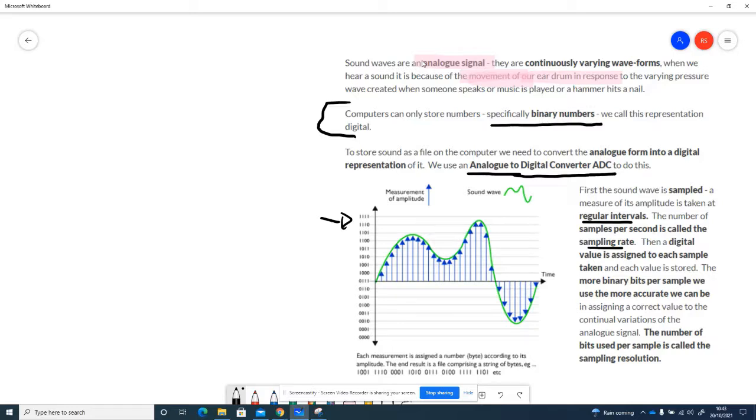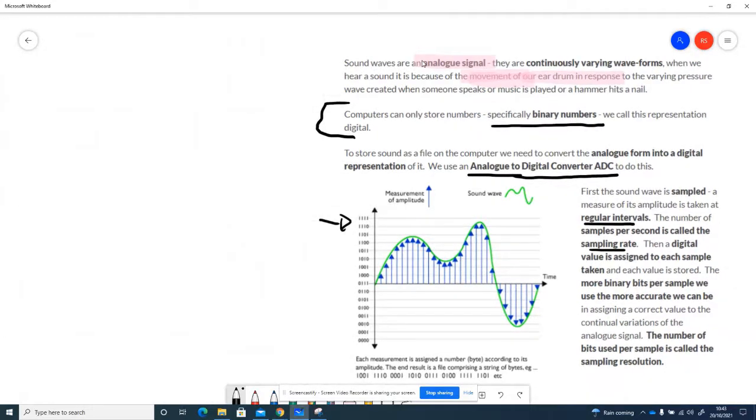So we know that 4 bits in binary is 1, 2, 4, 8. We know that the biggest number we can put in that is 15, and that we can also put 0 in, so we've got 16 different levels.